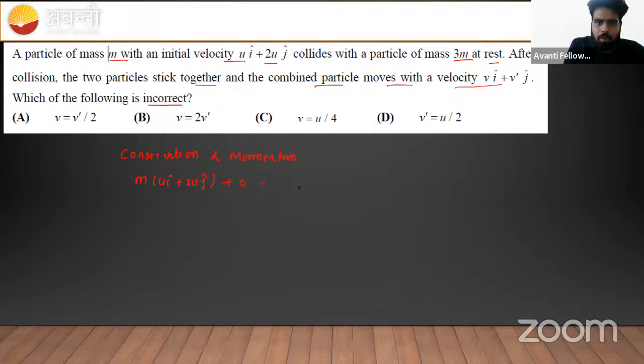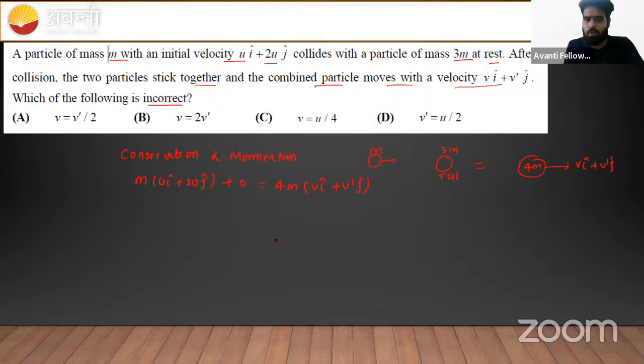Then what is the final momentum? After the collision, the system mass will become 4m, and the velocity is v i cap plus v dash j cap. So we can write 4m times v i cap plus v dash j cap. I hope this is clear.